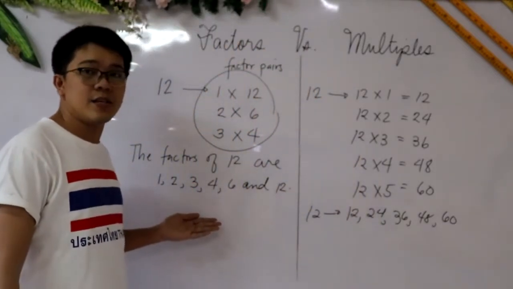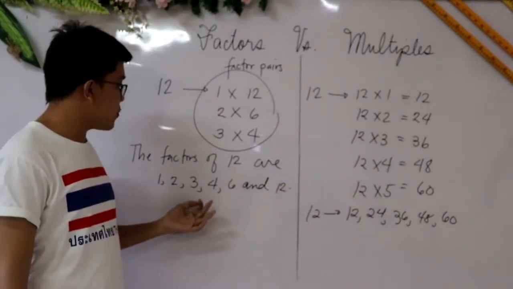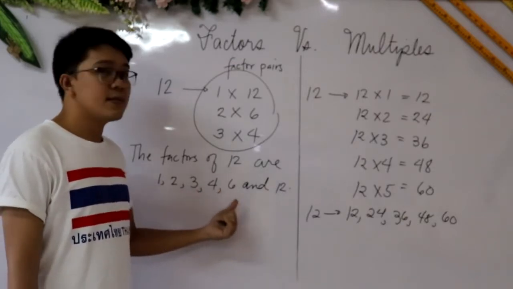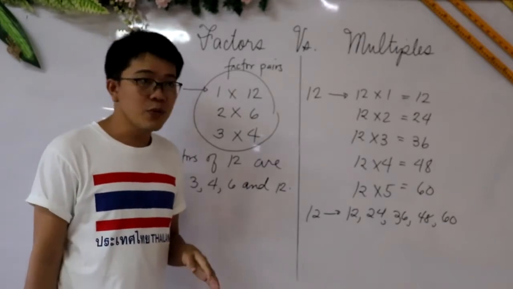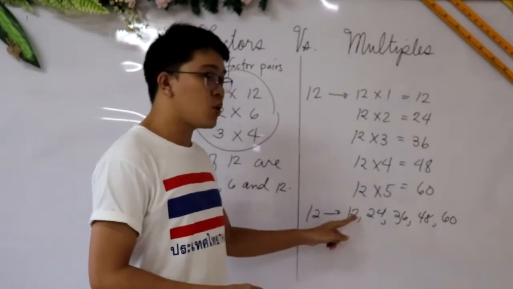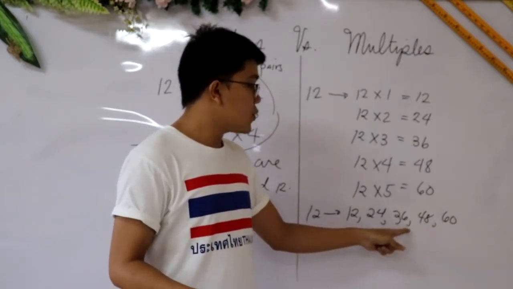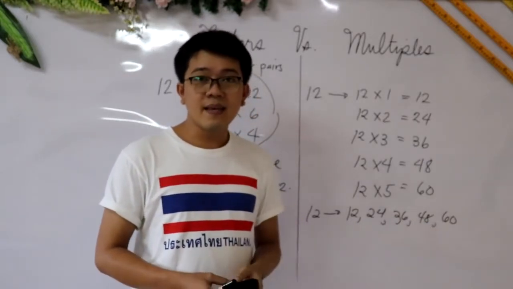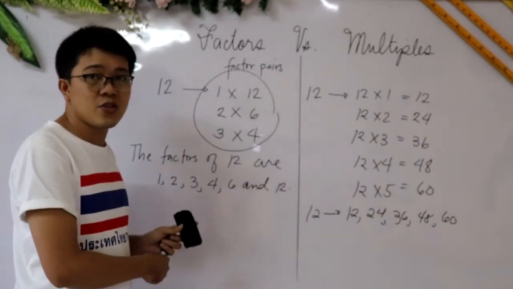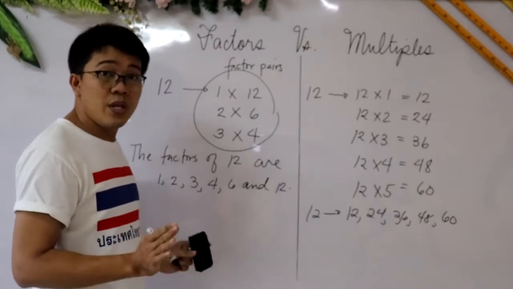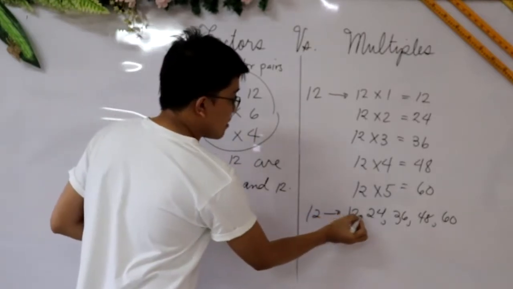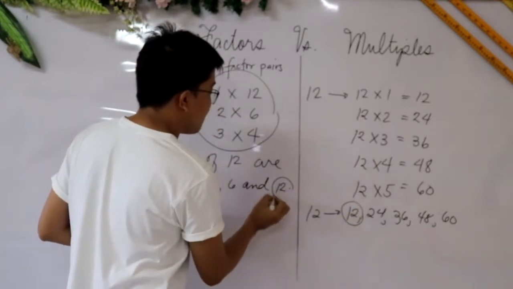As you can see here, the factors of 12 are 1, 2, 3, 4, 6, and 12. And for the first 5 multiples of 12, we have 12, 24, 36, 48, and 60. If we take a look at this set of factors and multiples, we notice that the similarity the two have is 12.